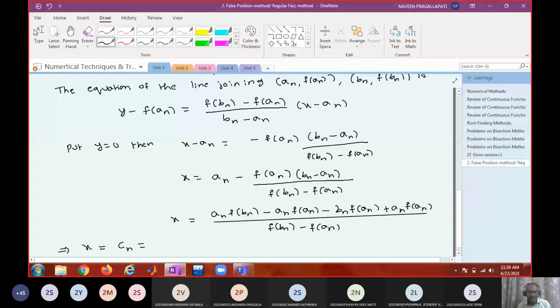So what is remaining is an f of bn minus bn f of an, divided by f of bn minus f of an. So this is the formula to compute the approximate root of the equation in the regula falsi method, or false position method. Do you understand?